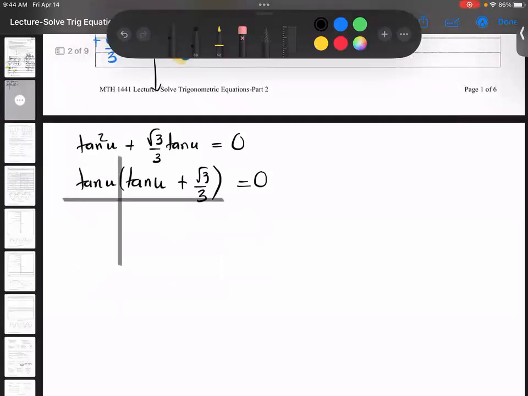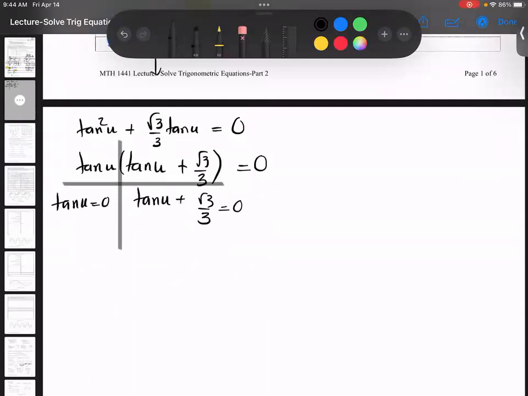So this implies tangent u equals 0, or tangent u plus √3/3 equals 0. If you look at the unit circle, tangent is sine over cosine. I don't care about the bottom, but if I want that fraction to be 0, my top better be 0. So all I care is sine u is 0.